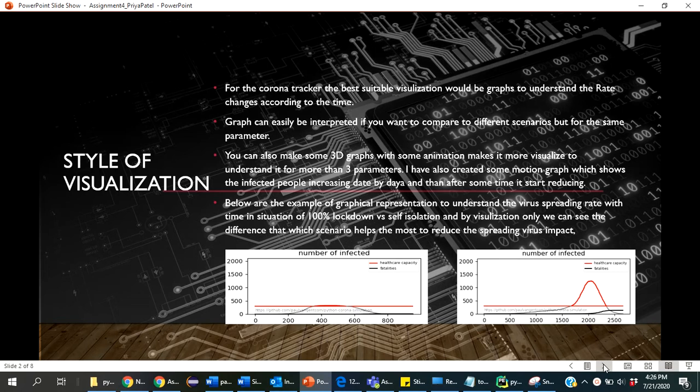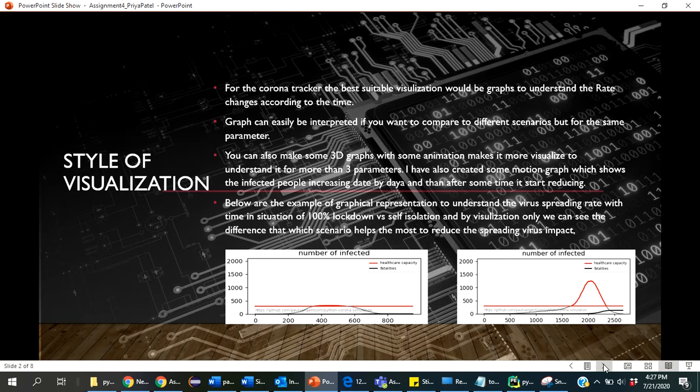So here for the corona tracker, the best suitable visualization would be graphs to understand the rate changes according to time. A graph can be easily interpreted, right? If you want to compare two different scenarios for the same parameter, you can compare them directly through visualization. You can also make some 3D graph with animation, to make it more visual for more than three parameters.